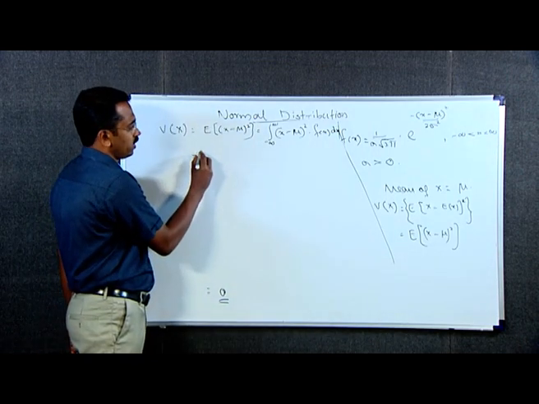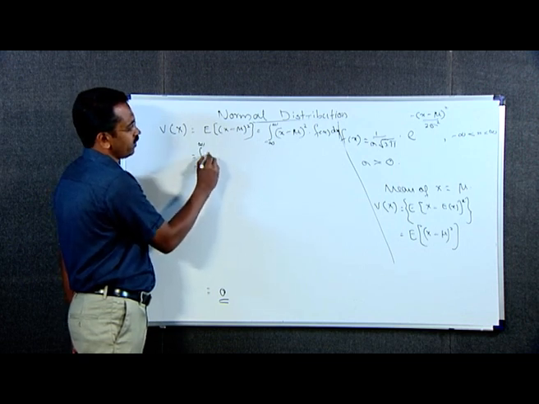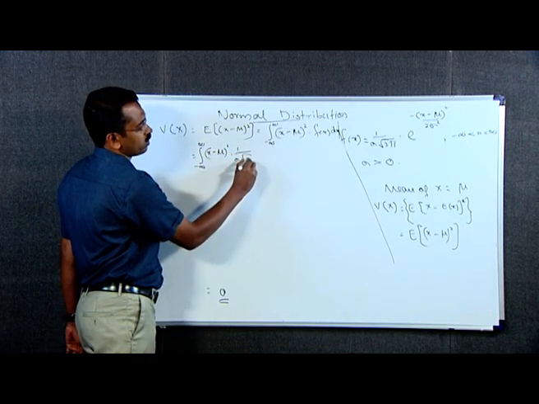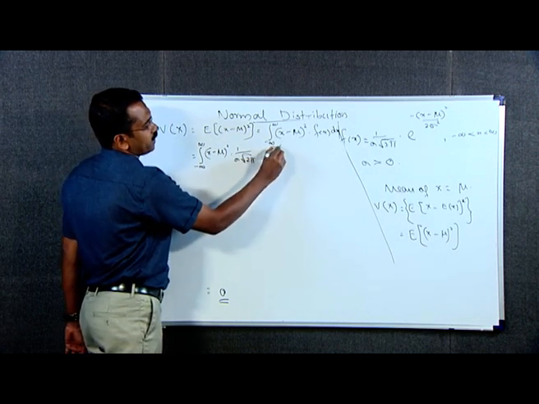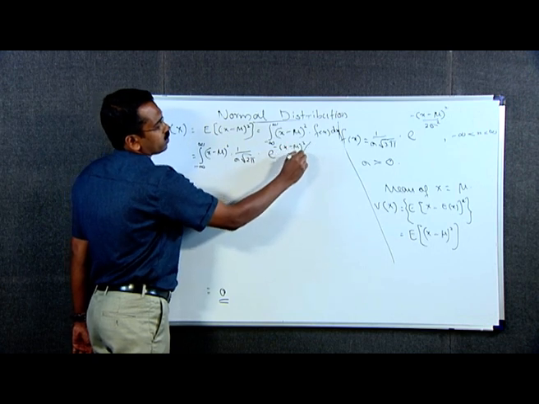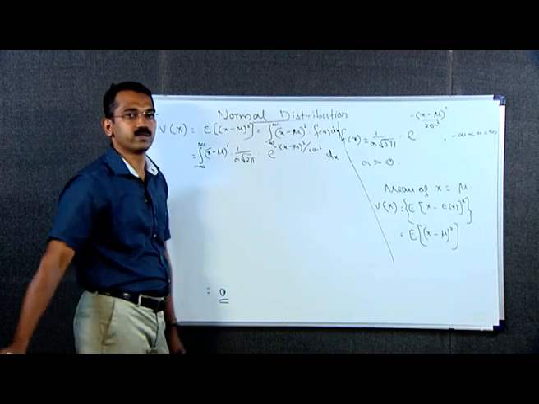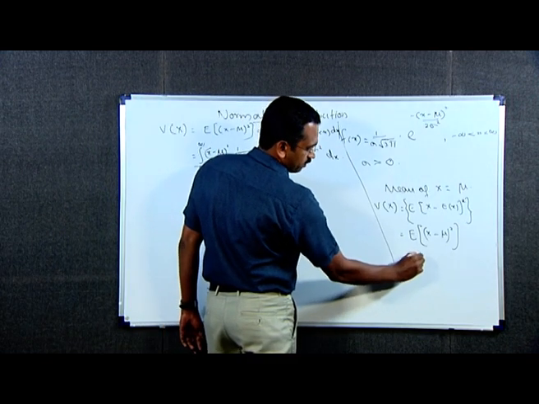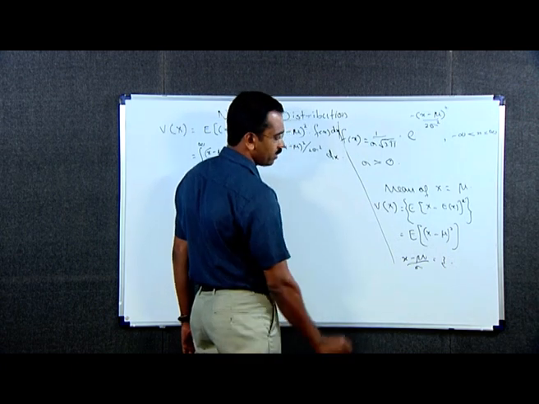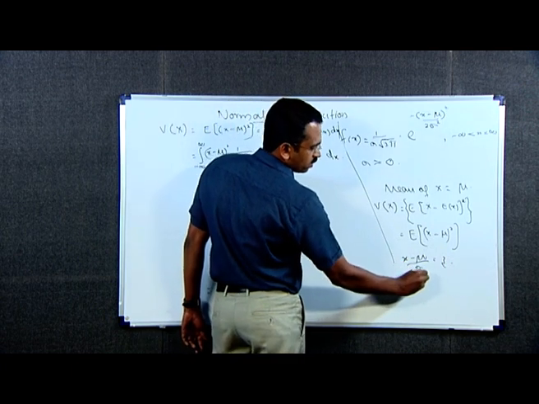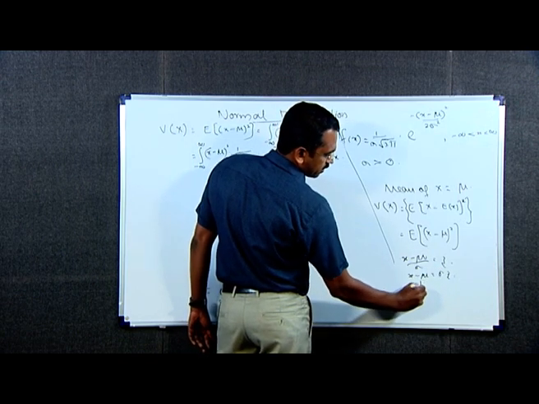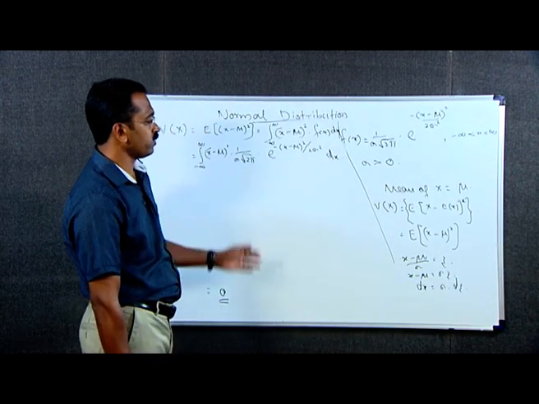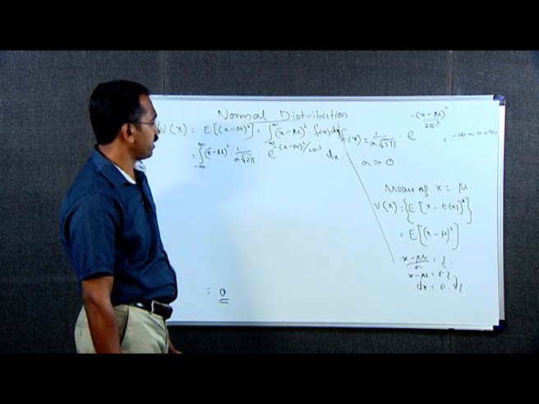which is equal to integral from minus infinity to infinity x minus mu the whole square into f of x, which is 1 by sigma into root of 2 pi e raised to negative of x minus mu the whole square divided by 2 sigma square dx. We use the substitution x minus mu divided by sigma as z, then x minus mu is equal to sigma into z gives dx is equal to sigma into dz. The limits of integration are the same.